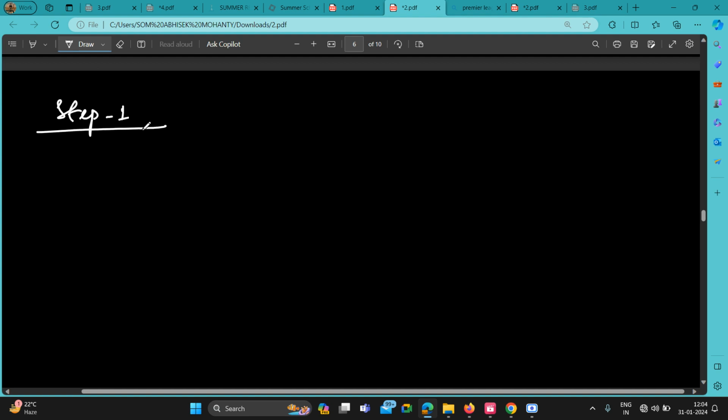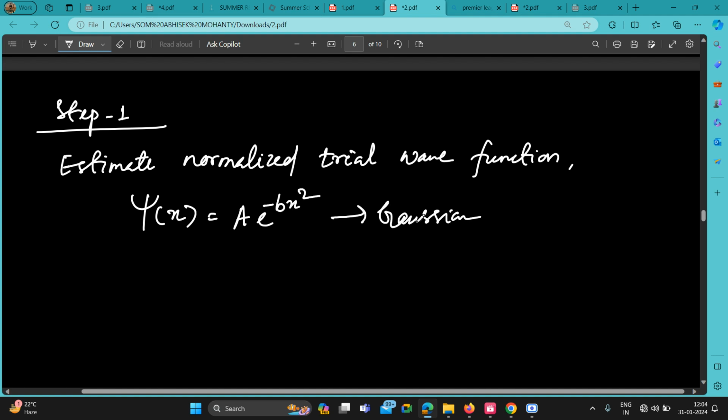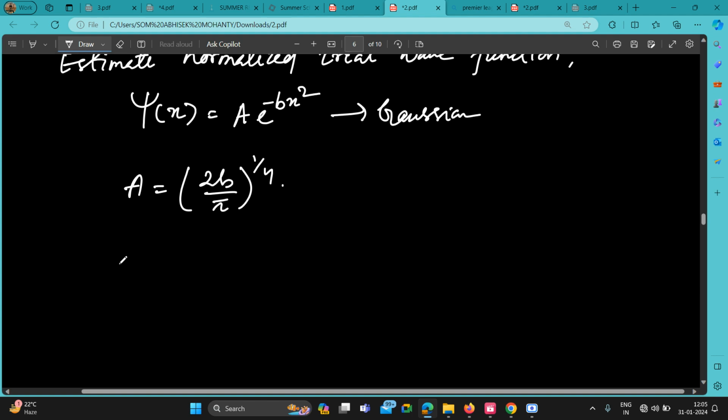Step one is to estimate a normalized trial wave function. That is psi(x) is equal to whatever is given, A e to the power minus b x squared, suppose it is given. This is called a Gaussian wave function. And A will be (2b by pi) whole to the power 1 by 4. Just remember it, in case it comes.